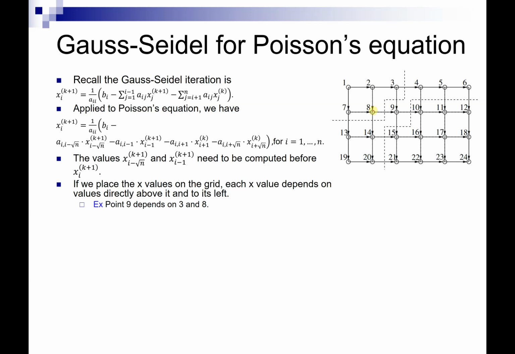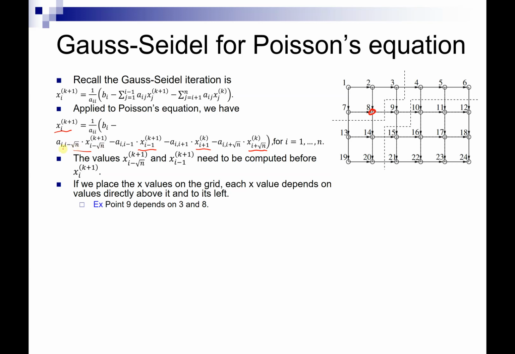For example, when you want to compute this variable in the k plus first iteration, you need two values from the k plus first iteration, and you also need two values from the kth iteration. The values from the k plus first iteration are the dependencies.